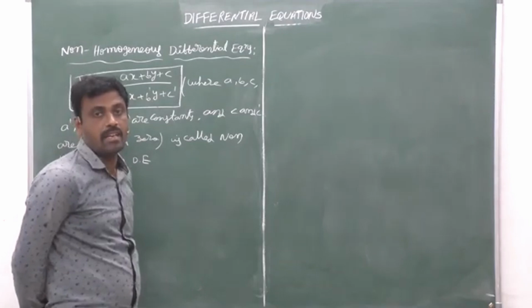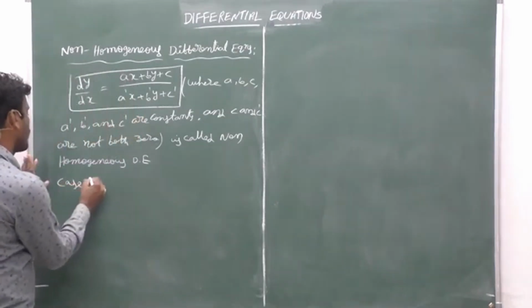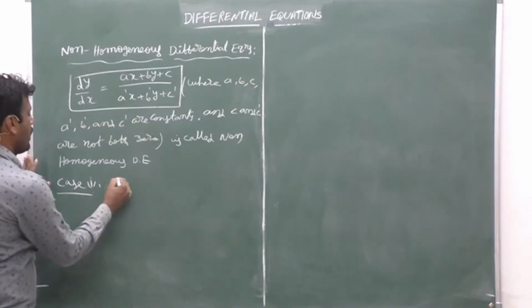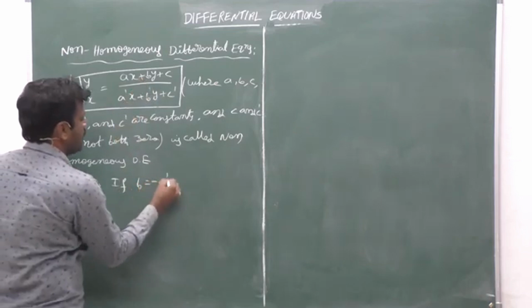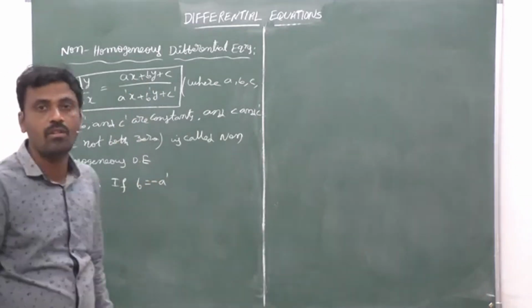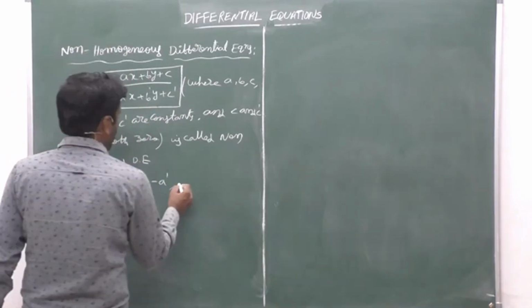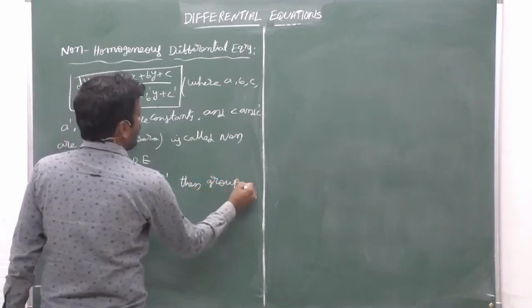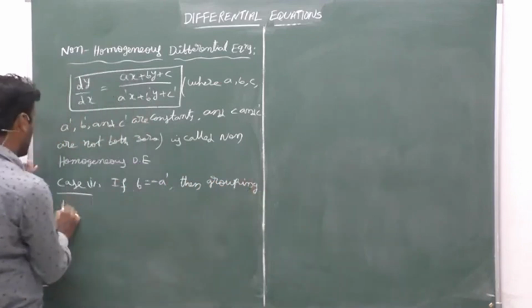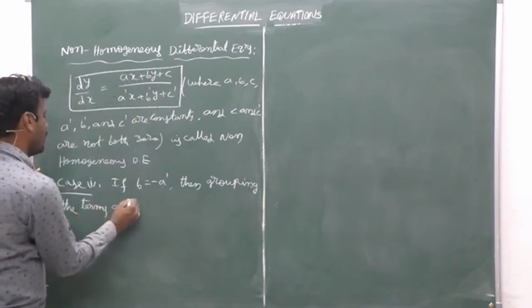Case 1: if b equal to minus a dash, then grouping the terms and solve the given dE.